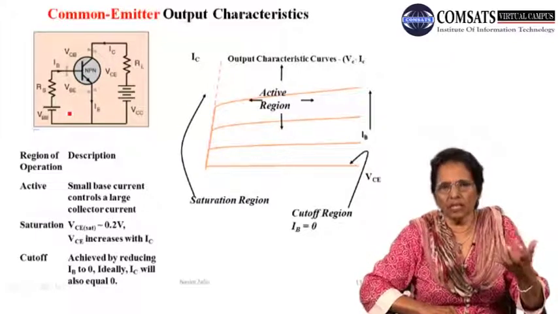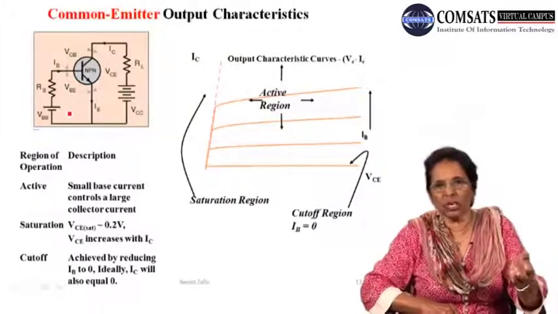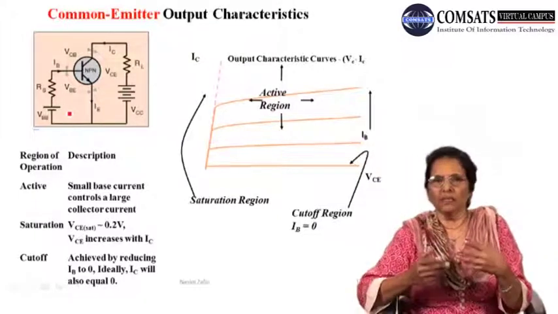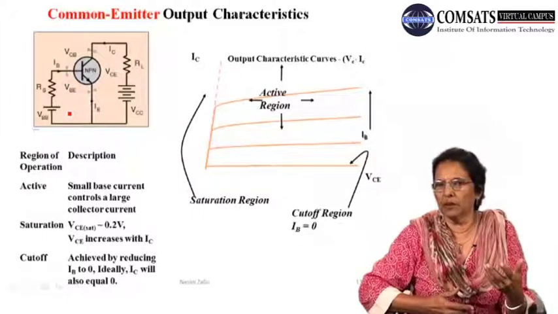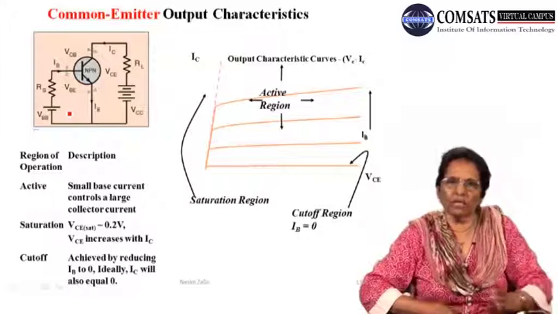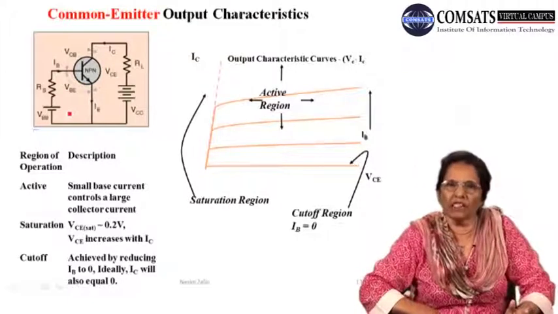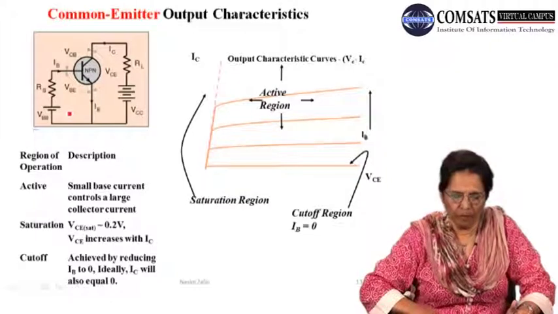For a silicon diode, it will be approximately 0.7 volts, beyond which, when the voltage VCE gets higher than that cutoff value, the transistor will enter into the active mode.